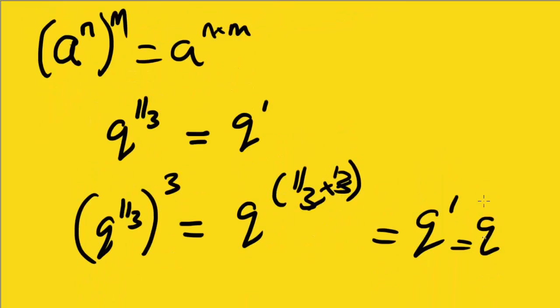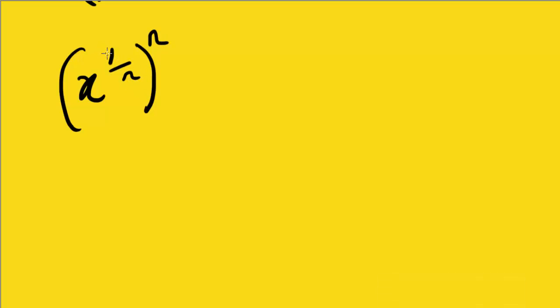So as a rule of thumb, if you had any term, say x to the 1 over n, and you just wanted x, all you have to do is raise the term to the power of n, that denominator. You just multiply the powers, right? And you get one.